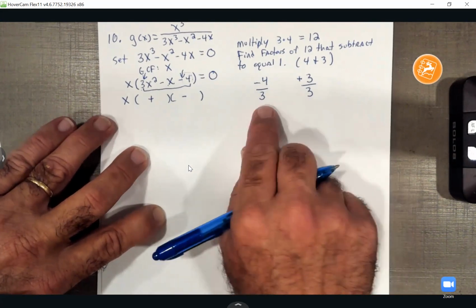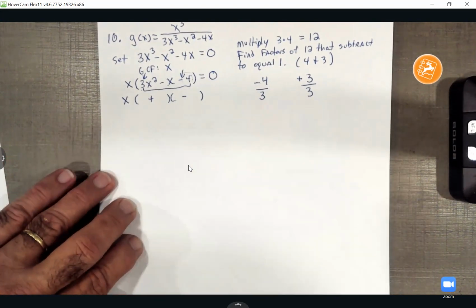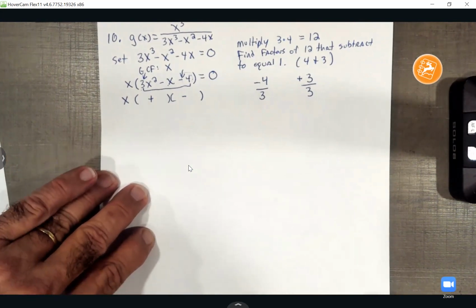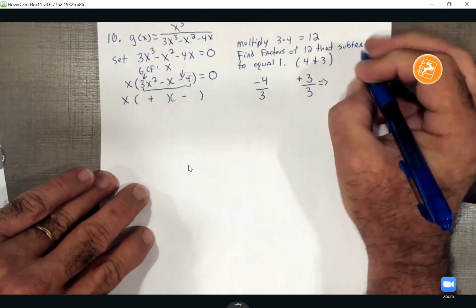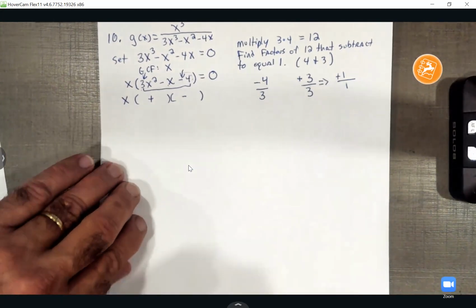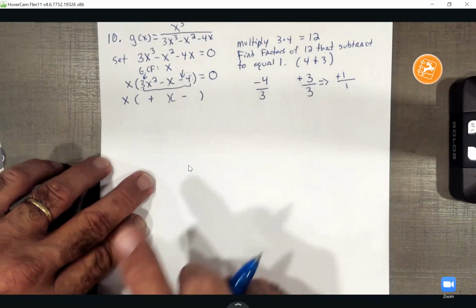So here's my question. Can you reduce either one of these fractions? Yes, the threes, you can do one. So that'd be basically a positive 1 over 1, which would be just a positive 1. So here's the trick.